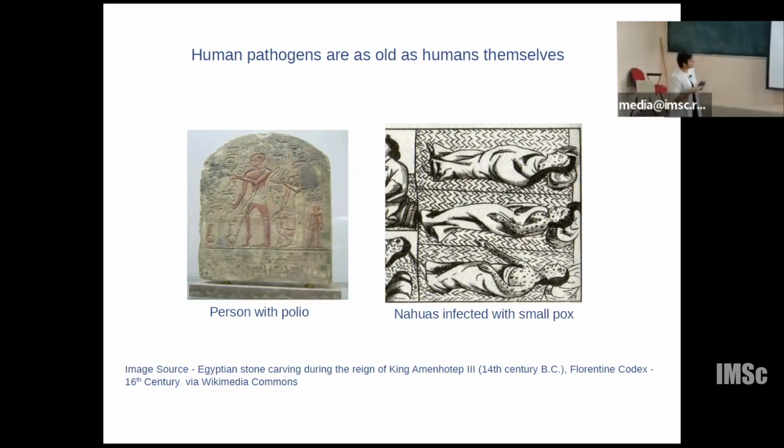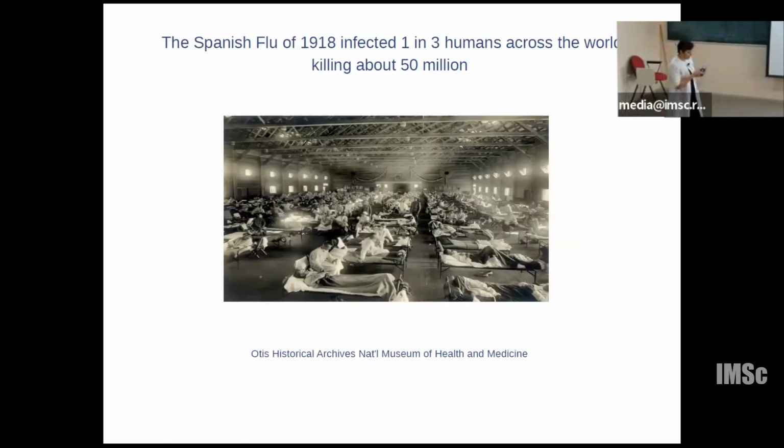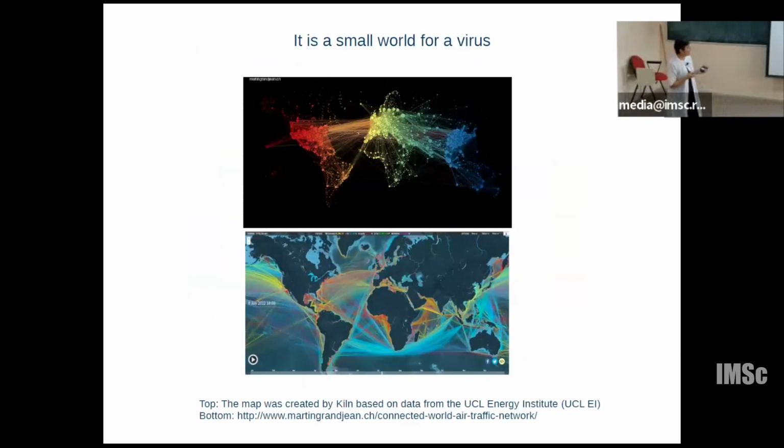So this is a Florentine Codex, since all of you have been in a workshop for the last week on inscriptions. So this is the Spanish flu. This was a slide I used to use before the pandemic to talk about how bad a respiratory virus can be. This is no longer required.